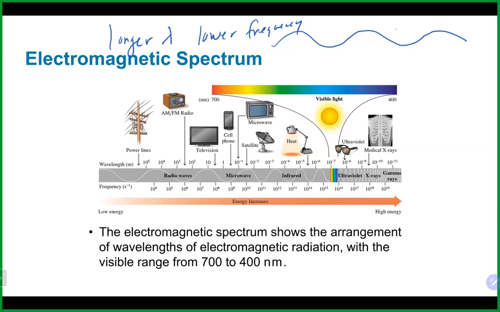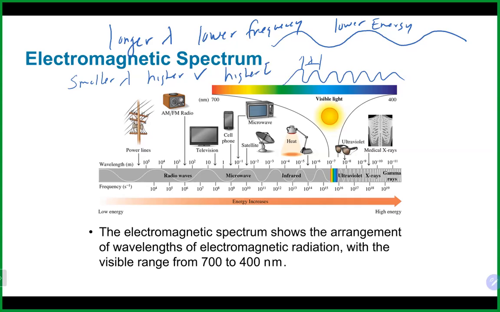And it usually will have a lower energy, as opposed to a wave that has a much smaller wavelength. A much smaller wavelength means we have a higher frequency, and it also means we have higher energy.